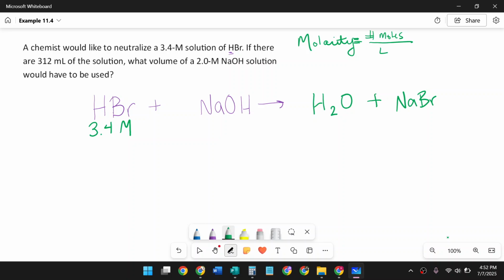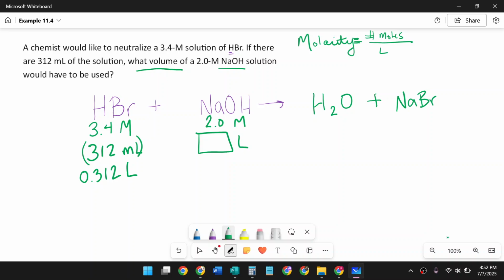And then we also have that, if there are 312 milliliters, let's go ahead and change that into liters, so 0.312, because it's nice to know what we have, but we need it in the right unit. And then we want to know what volume of NaOH. So we know it's a 2.0 molarity, but what we don't know is the volume. So that's what we're trying to find.